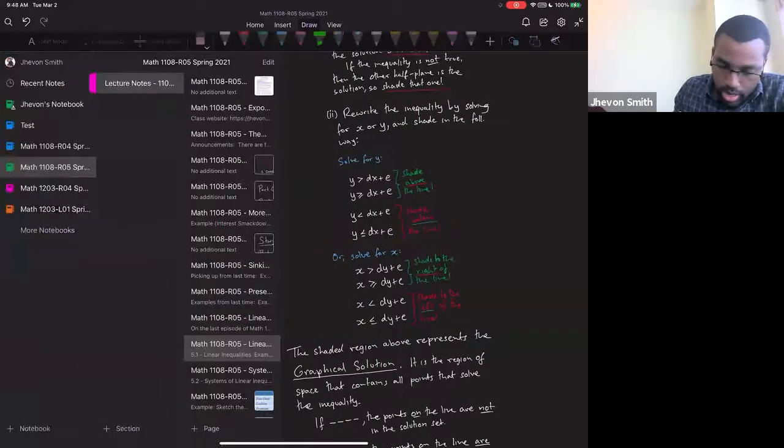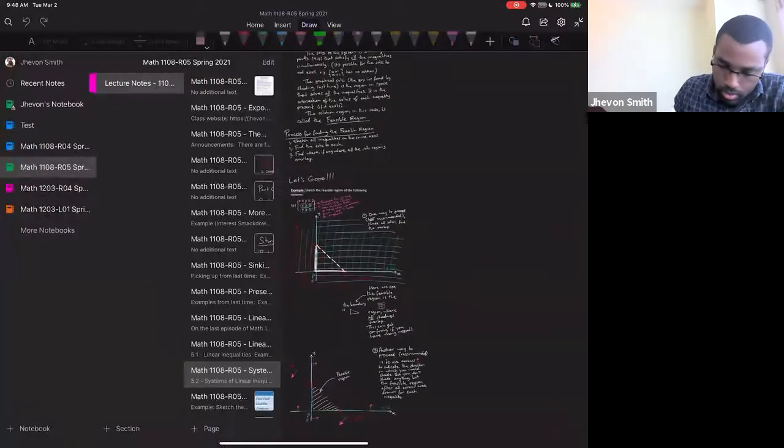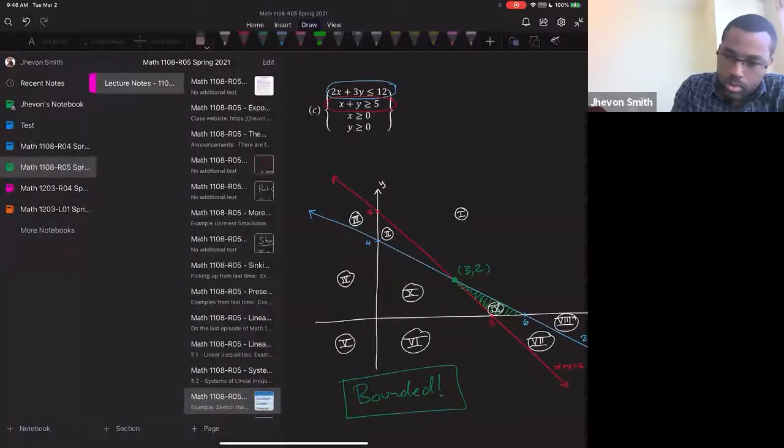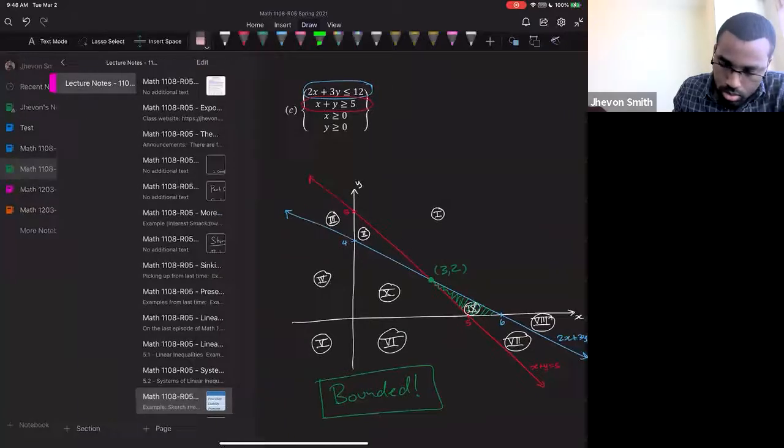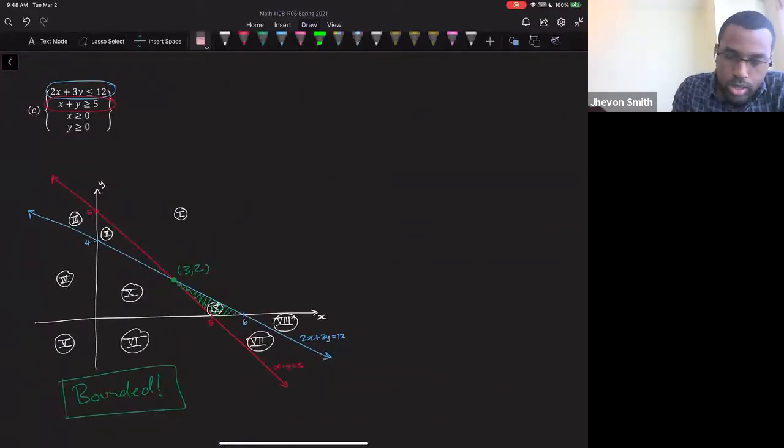So going back to what we had here, if I were to plug in a point, say 0, 0, I would get 2 times 0 plus 3 times 0 is less than or equal to 12, and this is true.